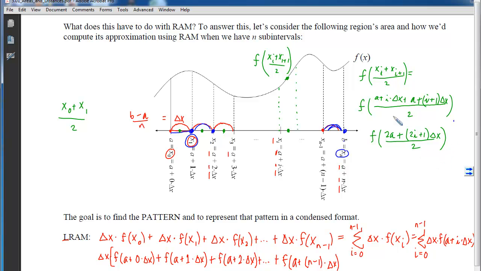So we're going to use this when we write our MRAM, and we're going to pay attention to the fact that on our first subinterval, that first subscript starts with a 0. And on our last subinterval, which is here, that left edge, which comes first in the summation for the average, is going to stop at an n minus 1.